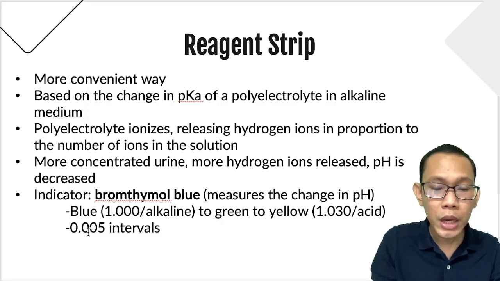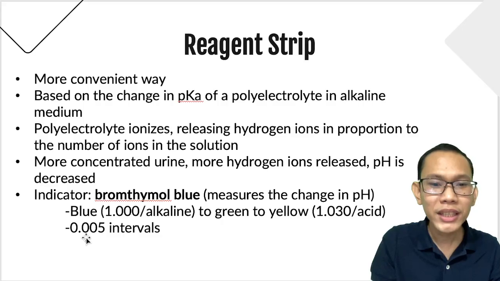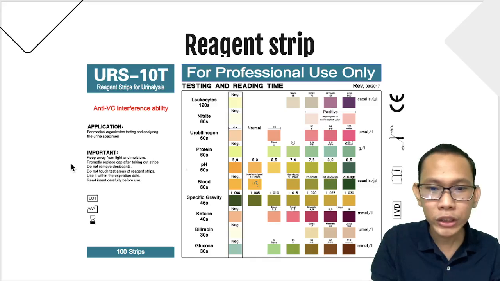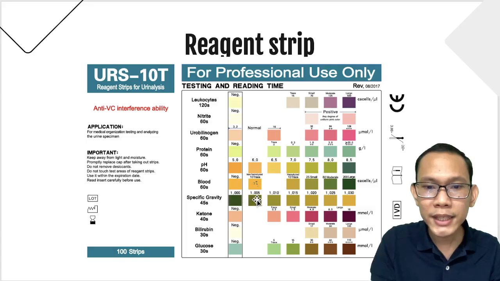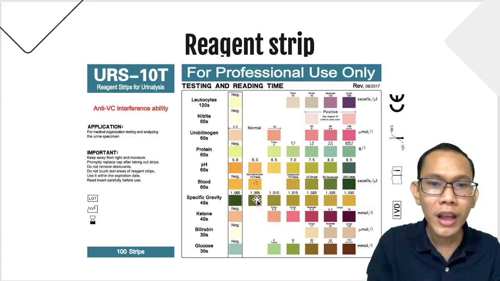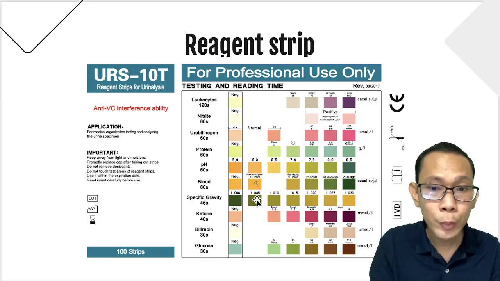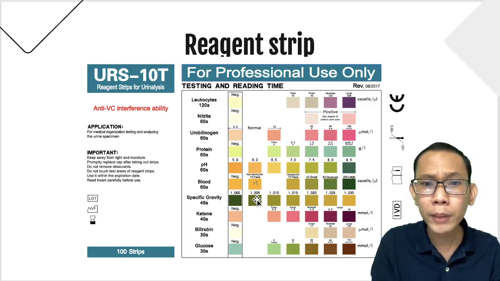So ang interval daw is 0.0, hindi to siya negative ha. Ang interval niya is 0.005. Tingnan natin yung interval na ibig sabihin dito is ganito. Ang pinakamababang result is 1.005. Do you think you are going to put 1.000 pa dito? Of course, hindi tayo mag-expect ng 1.000.